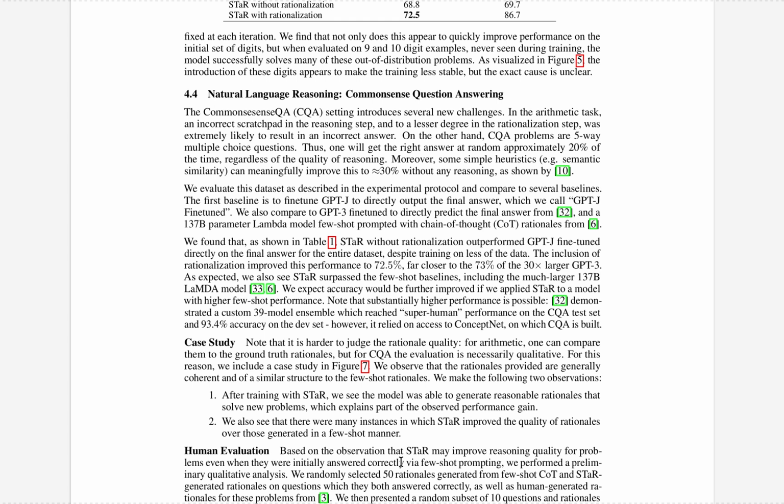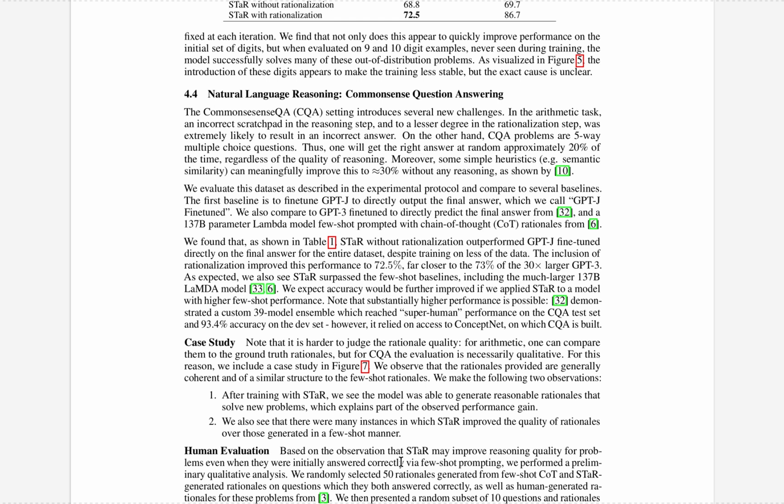On the other hand, CQA problems are 5-way multiple choice questions, thus one will get the right answer at random approximately 20% of the time regardless of the quality of reasoning. Moreover, some simple heuristics, e.g. semantic similarity, can meaningfully improve this to approximately 30% without any reasoning, as shown by 10.